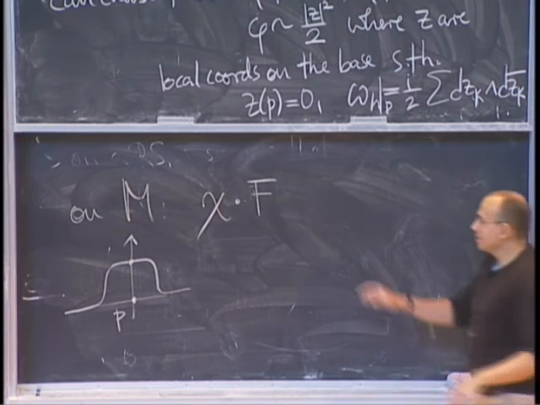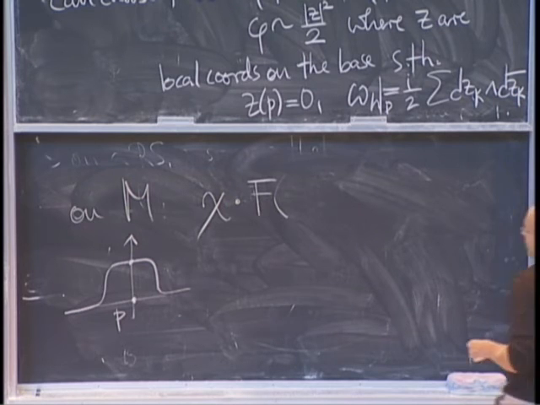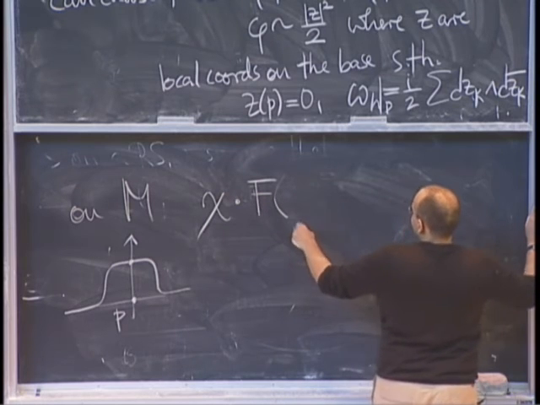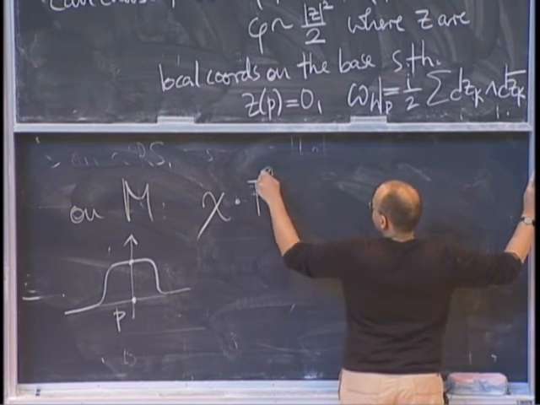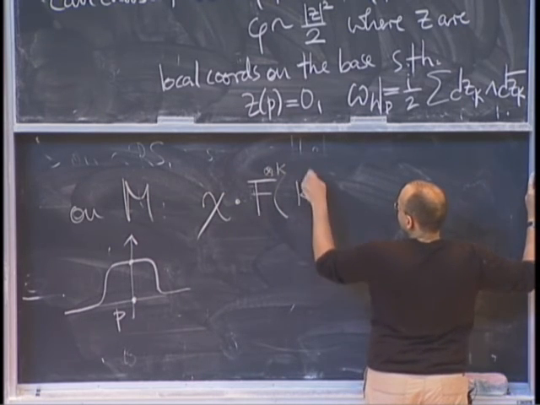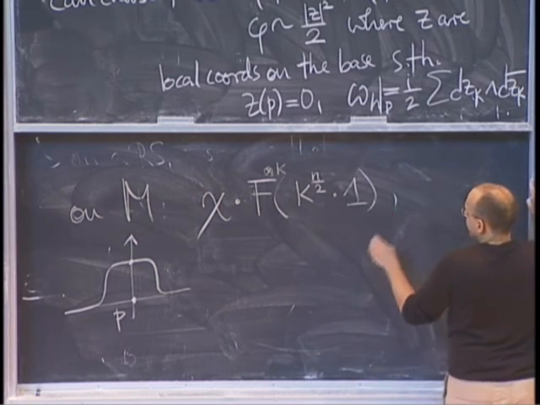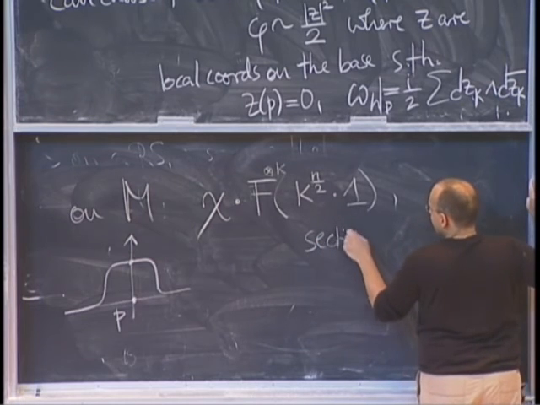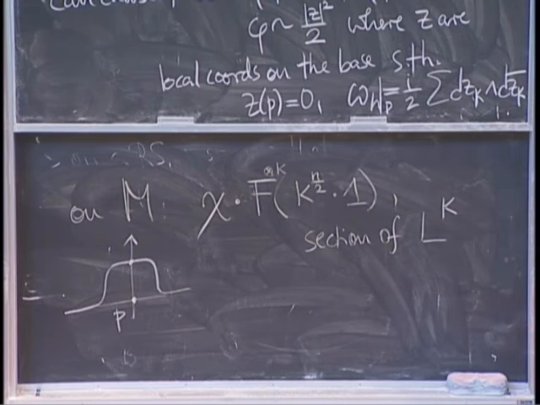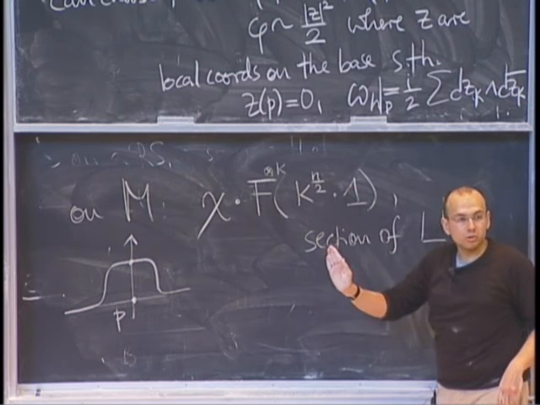And push forward the standard model section, so it's going to be a section of L to the K. So basically what I'm saying here is I'm not taking the section that's constant equal to 1.